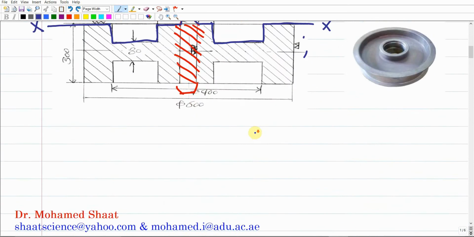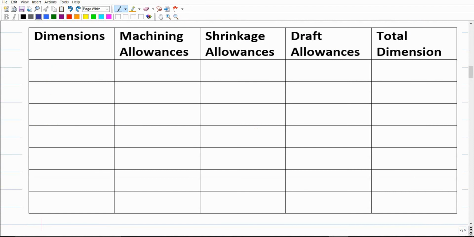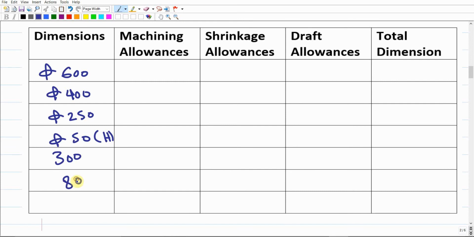We do have the phi 600, which indicates the external diameter, and the phi 400, which indicates the internal surface of the rim, and we do have the external surface of the hub, which is 250. In addition, this should be the hole of the hub, and we do have here the height, which is 300, in addition to the 80, which is the web thickness. These are the given dimensions here, right?